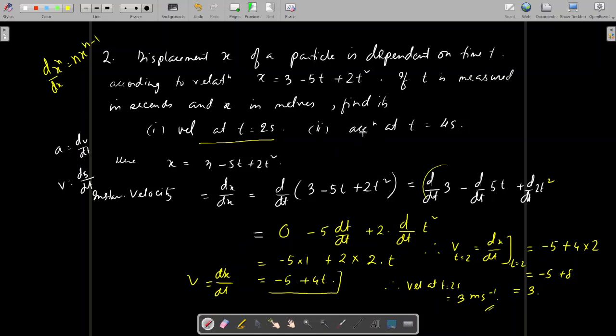Okay, now let us solve the next part. What is the velocity? Minus 5 plus 4t. So velocity is minus 5 plus 4t, and we need to find out the acceleration. So what is the acceleration? It is velocity by time. So according to differentiation, instantaneous acceleration will be dv by dt.